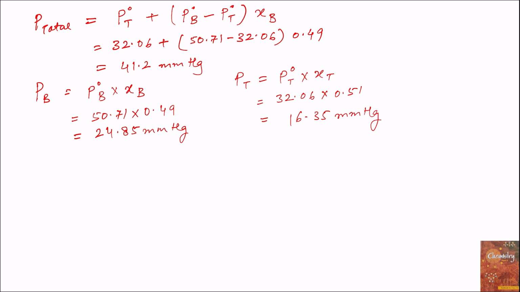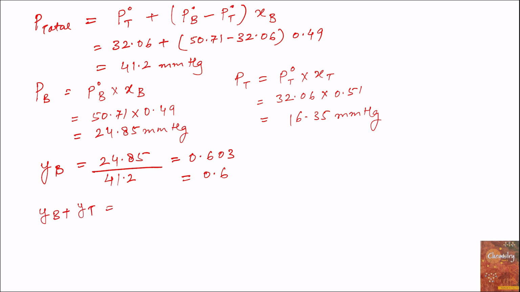From these values, mole fraction of benzene in the vapor phase is equal to partial pressure of benzene, that is 24.85, divided by total pressure. Total pressure is 41.2, and this is equal to 0.603, which is approximately equal to 0.6. Mole fraction of benzene plus mole fraction of toluene is equal to 1.